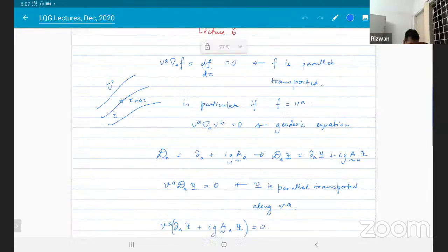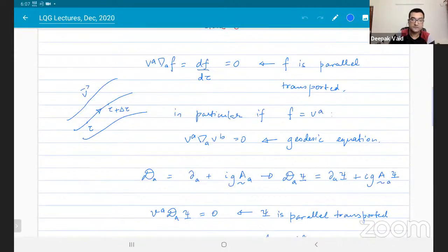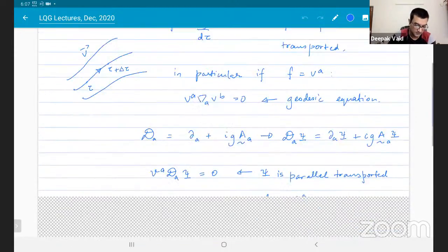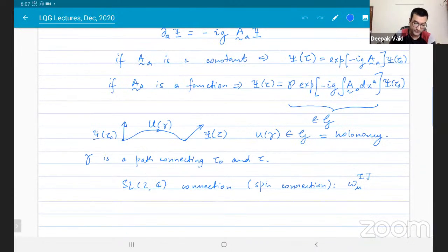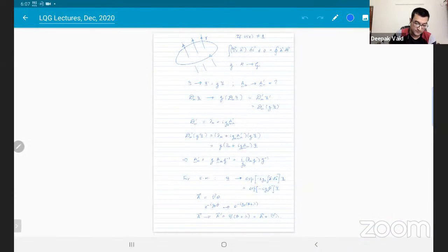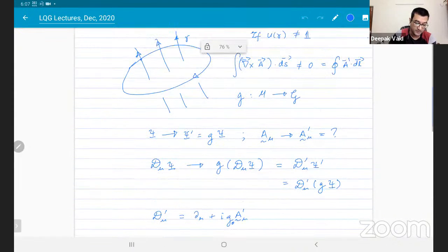Okay. So last time I explained to you what this holonomy is, where it comes from, and then gave you this physical picture of what a non-trivial holonomy encodes.